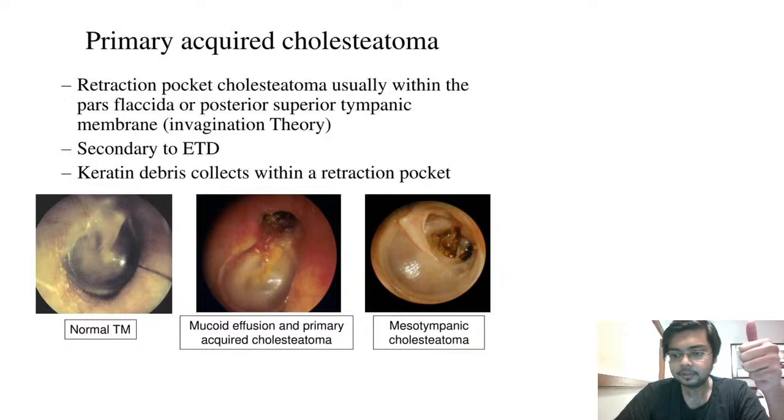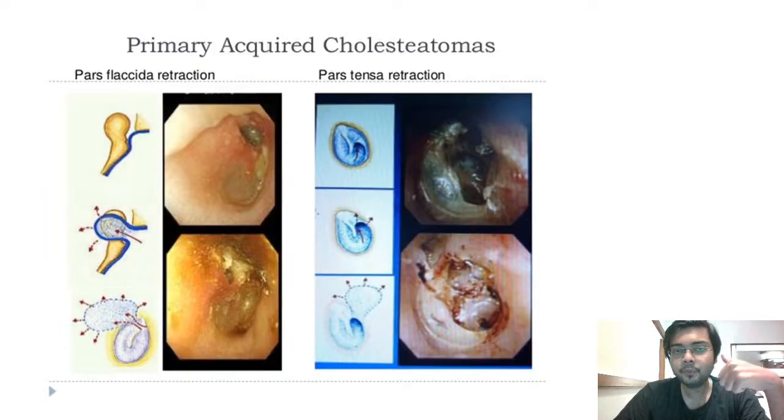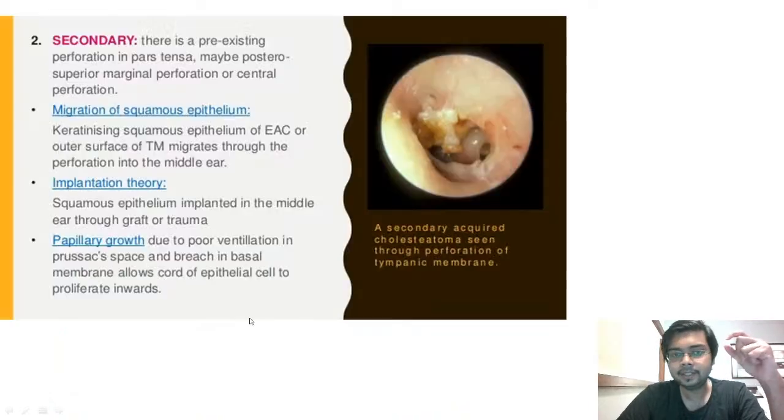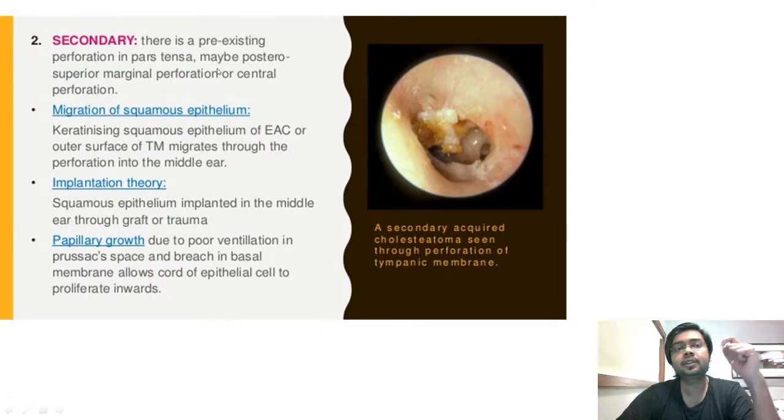Got it? Yes. Now, what is the secondary acquired cholesteatoma? So, regarding primary that I told, you can see here this invagination, this retraction going through the neck of malleus through the Prussak space, and finally forming a blind sac from where now no more epithelium can be cleaned. And in secondary acquired cholesteatoma, there should be a previous etiology.